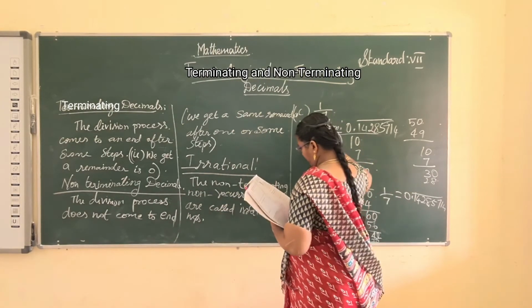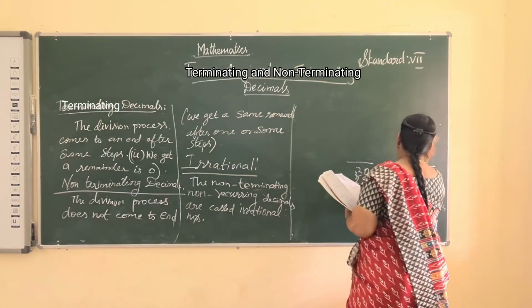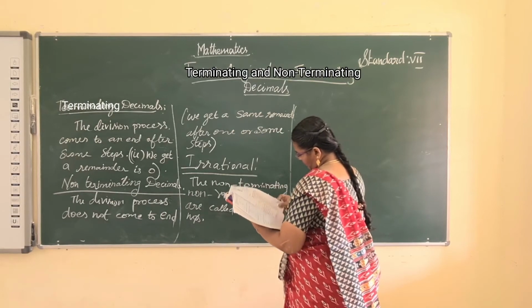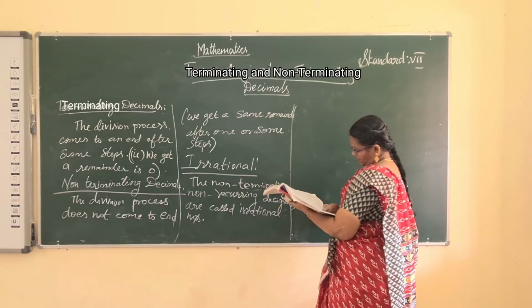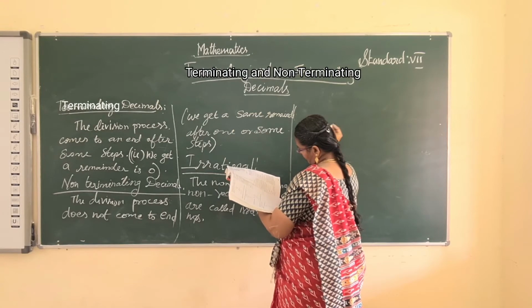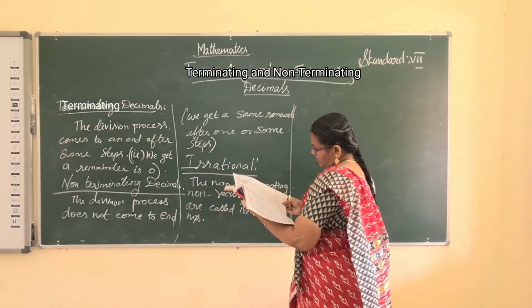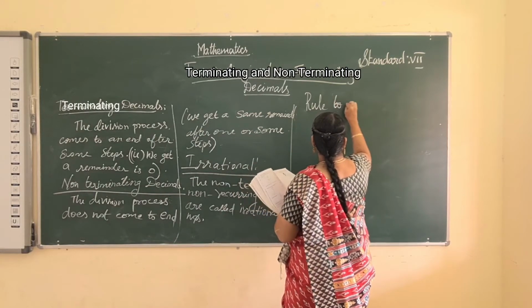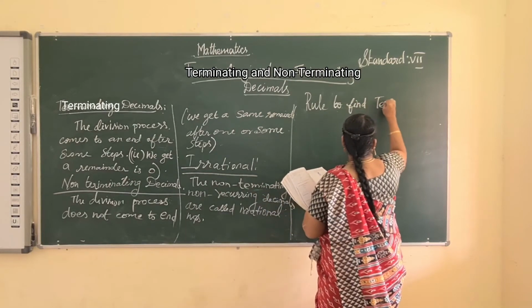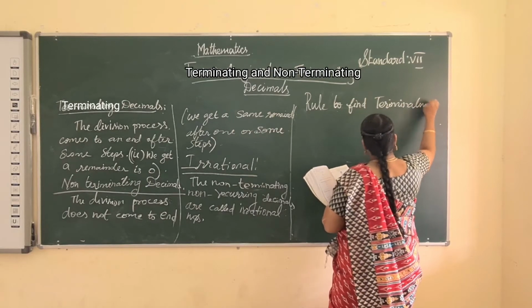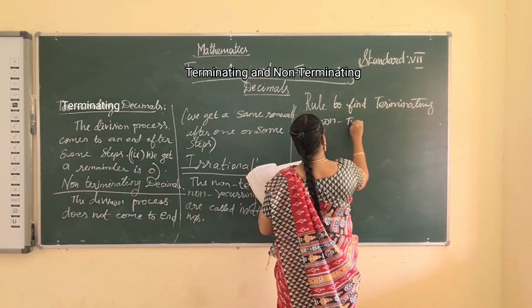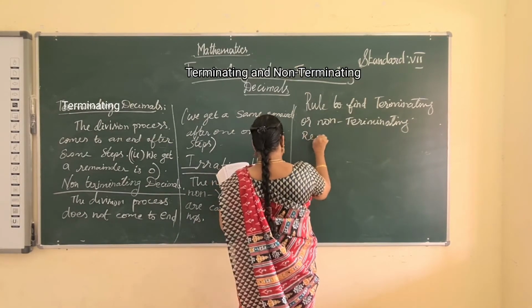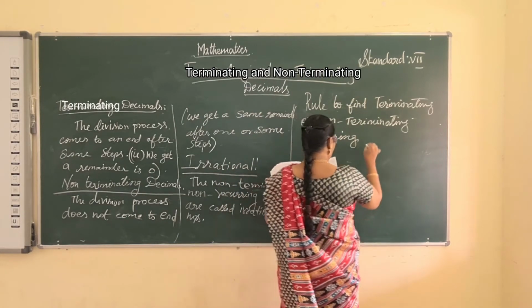Okay, see the example. Next one, the rule to find terminating or non-terminating recurring or repeating decimals.